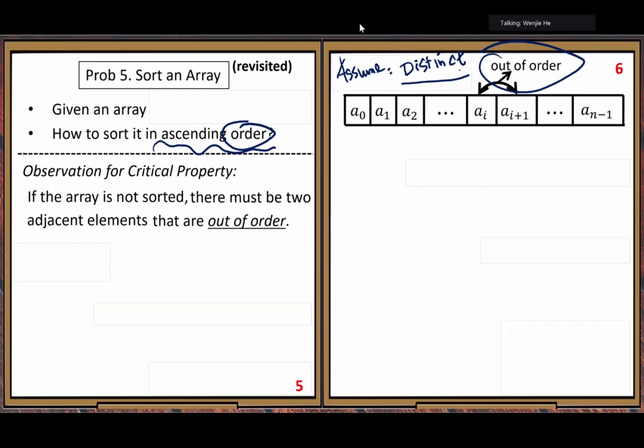Critical observation here: if the array is not sorted, not in ascending order, somewhere you will see two elements that are out of order. There must be two adjacent elements that are out of order. Can you see this property? Can you see if it is correct?